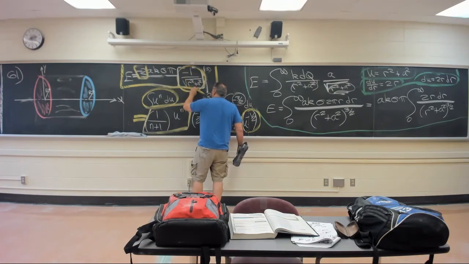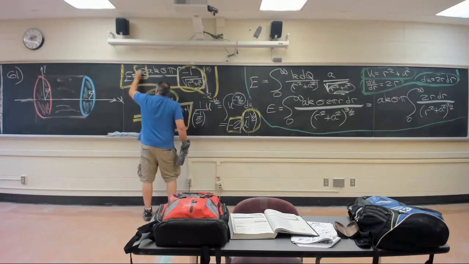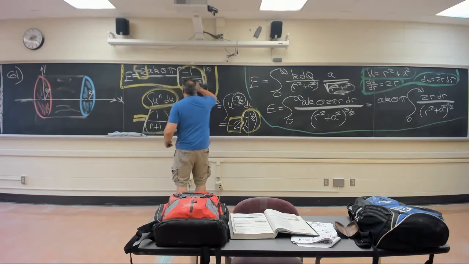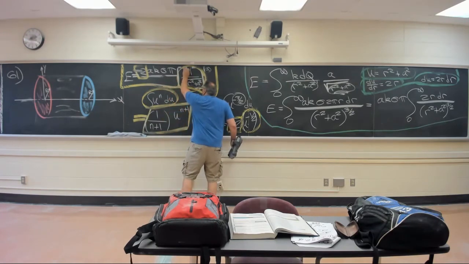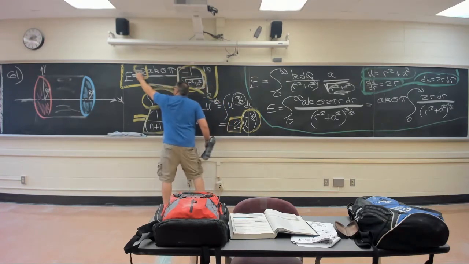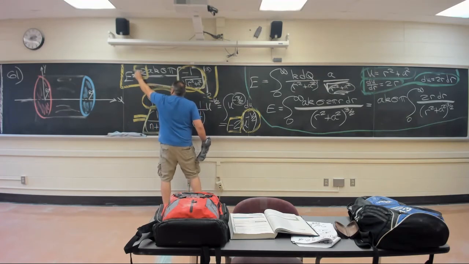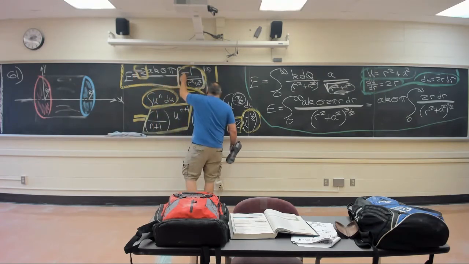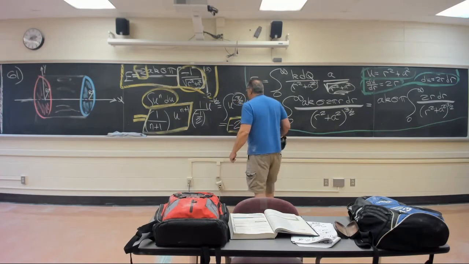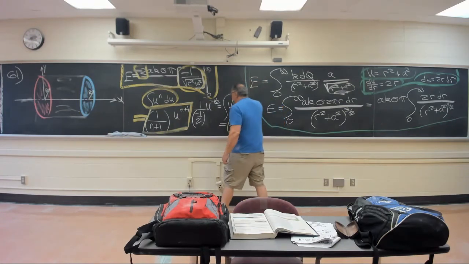To the negative 1/2 means 1 over the square root of the quantity u, and u is r squared plus a squared. You can write the negative 2 here, and you just get rid of this guy here. You make that a positive 1 and put your negative 2 here, or take the negative from the negative 2 and put it right here. All right. Sorry about that, guys. A little bit of a mess, but there it is. Now, this shouldn't be too bad.